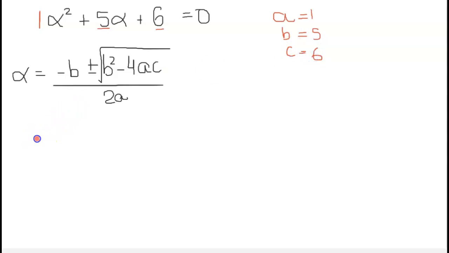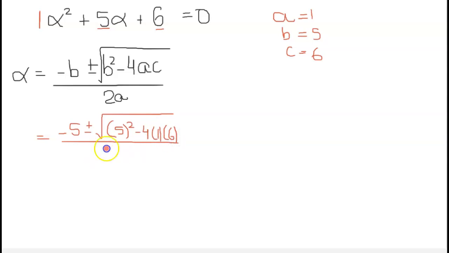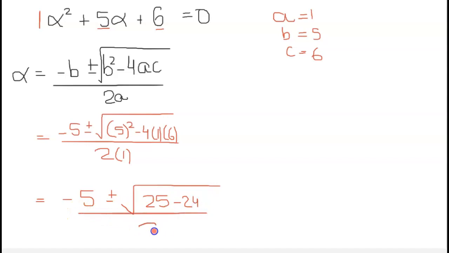So then you put the values there. Minus b, so it's going to be minus 5 plus minus square root of 5 square minus 4 times 1 times 6, over 2 times a.